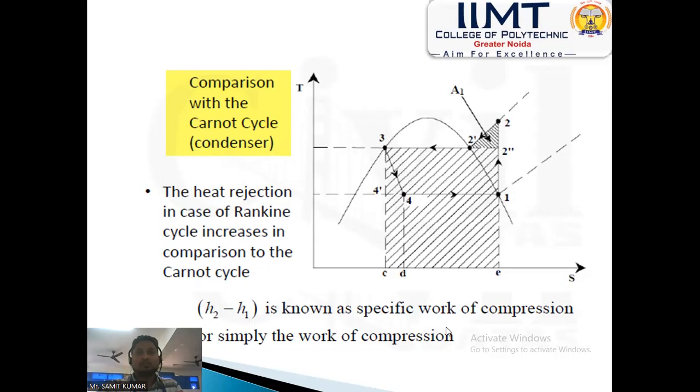H2 minus H1 is known as the specific work of compression. That is the enthalpy at point 2 minus the enthalpy at point 1, the specific work of compression, or simply the work of compression.